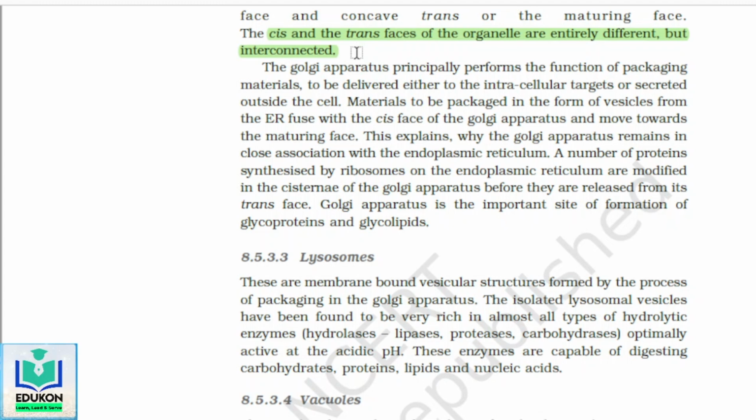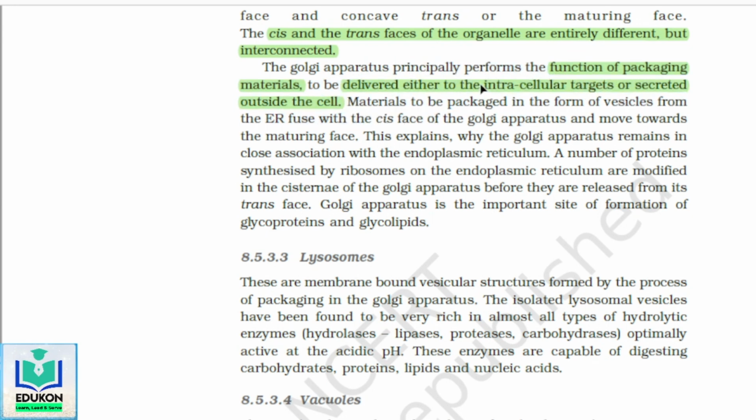The Golgi apparatus principally performs the function of packaging material. Remember this: the main function of the Golgi complex is packaging materials to be delivered either to intracellular targets or secreted outside the cell.